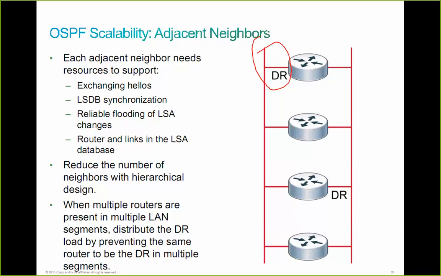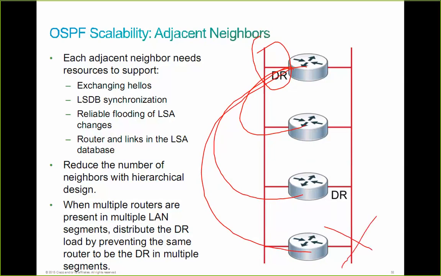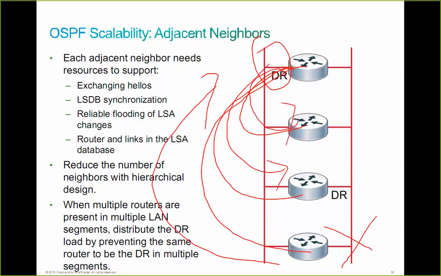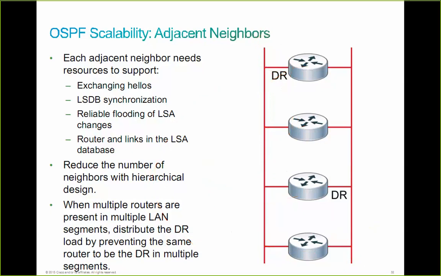I mean, we normally would, but let's just say, as an example, that we don't have a BDR. So this guy is going to form a full relationship with that router, and that router. If something changes on this router, that advertisement gets sent to the DR, and then the DR sends those updates to the other routers in the segment. What type of relationship do these two routers form?